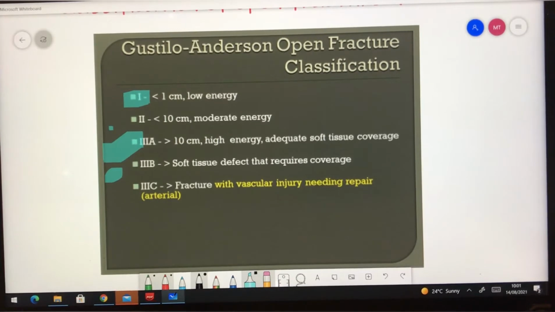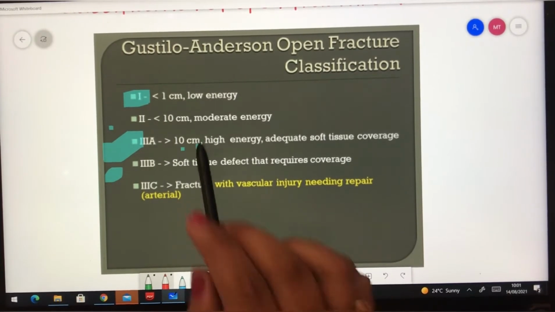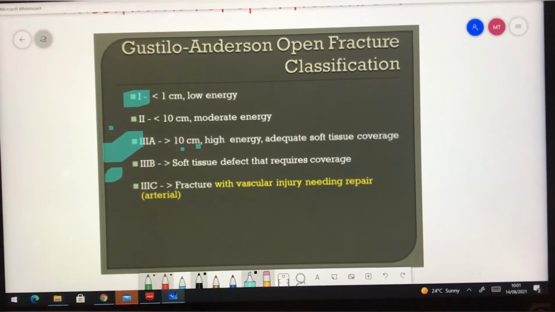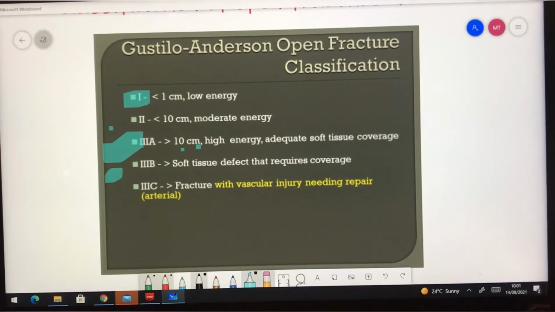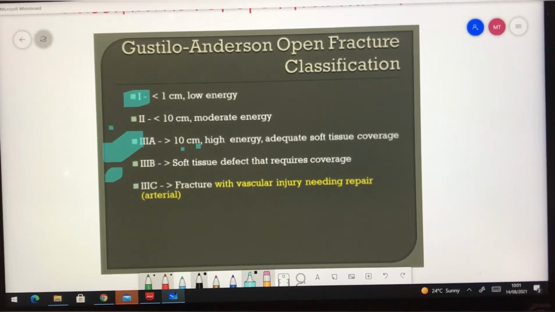In case of 3A, the wound is more than 10 centimeter or less, with less skin lesion, with gross contamination and/or high energy tissue damage. In case of 3B, there is a soft tissue defect which requires coverage, that means there is extensive soft tissue stripping that needs some type of soft tissue flap for coverage.